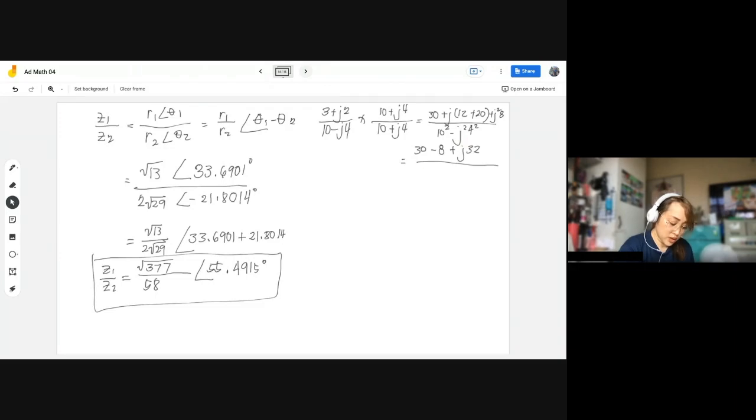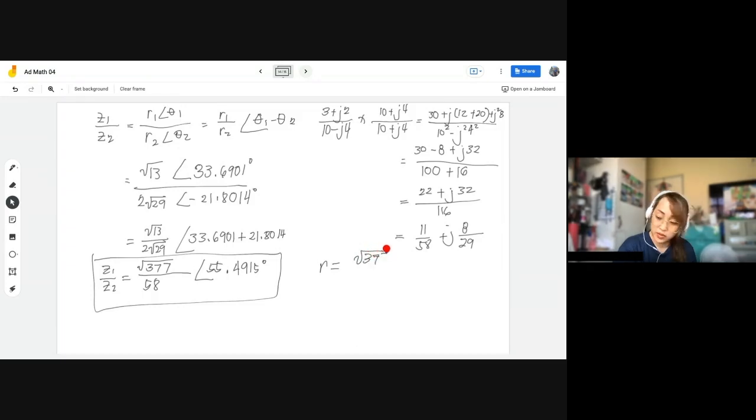So that is 100 plus 16. So that is 22 plus j8 over 116. So that is 11 over 58 plus j2 over 29. So that is square root of 377 over 58, by the Pythagorean theorem. Then our theta is arctangent of the imaginary over the real part.